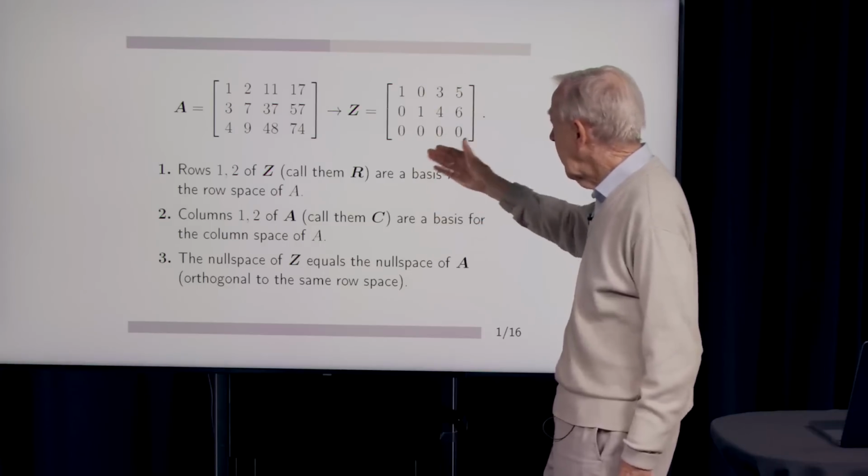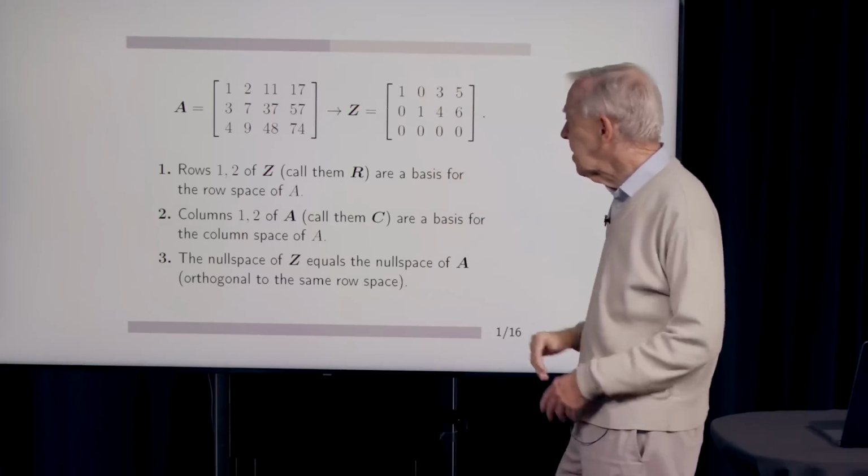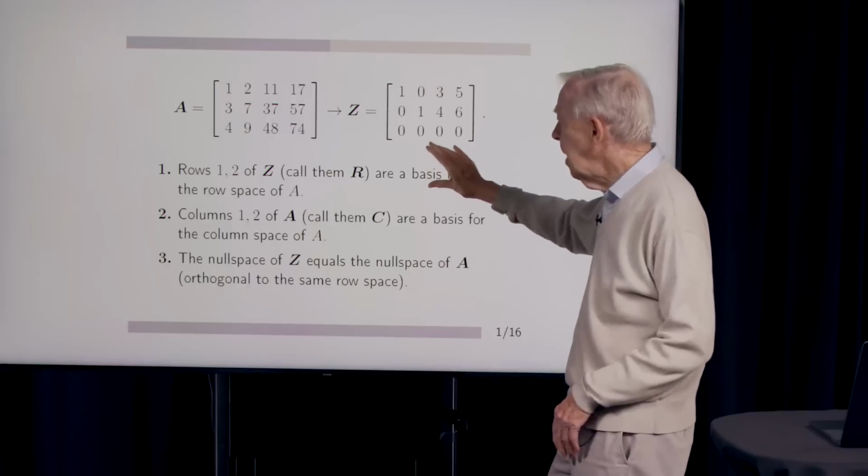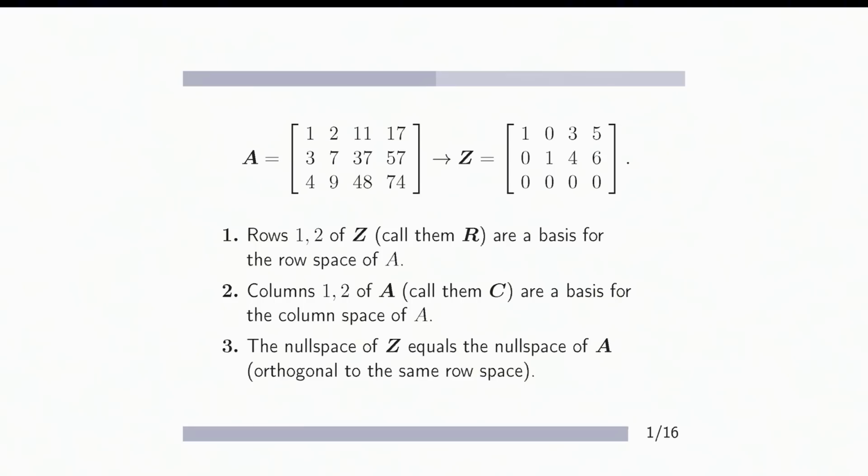So how do I understand this matrix Z, which came from A? Well, let's see. If I look at the rows, I see 2 non-zero rows, and they turn out to be a basis for the row space.